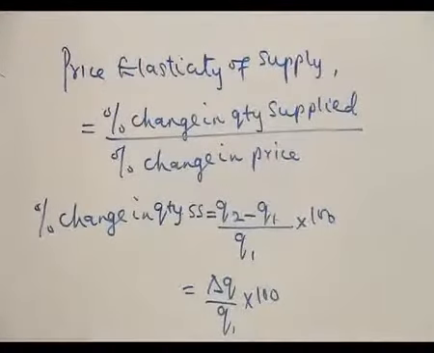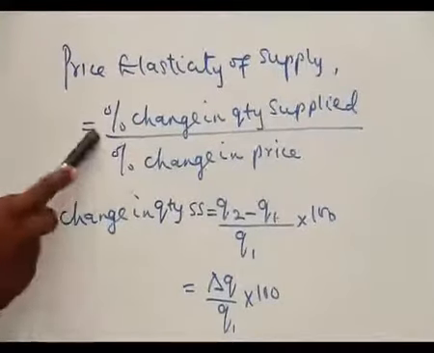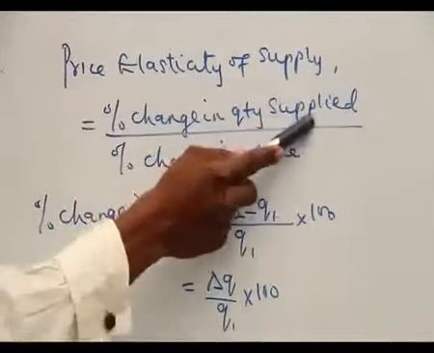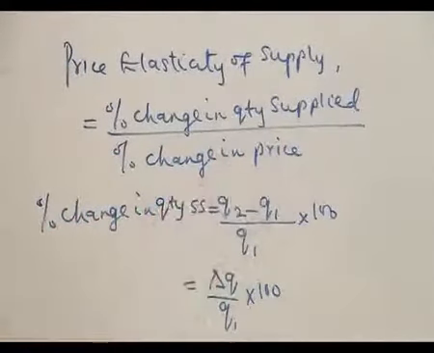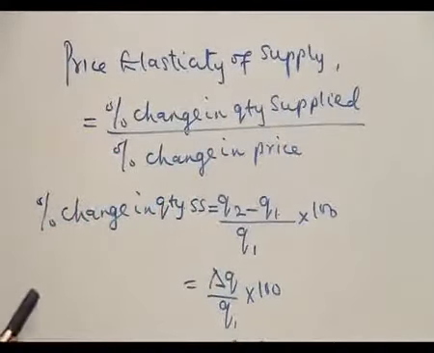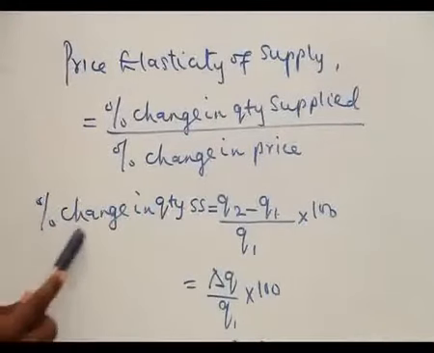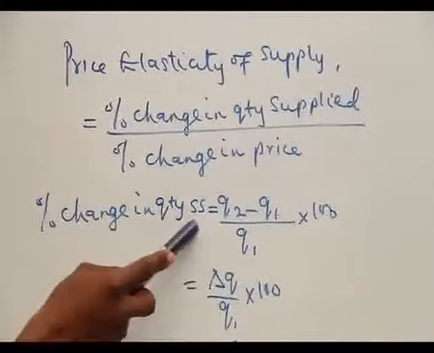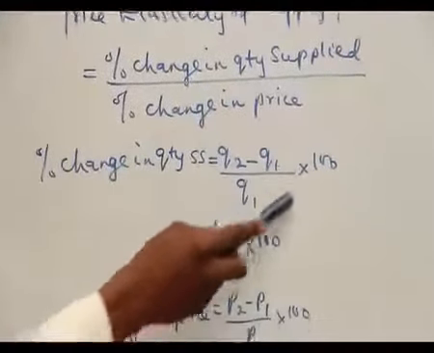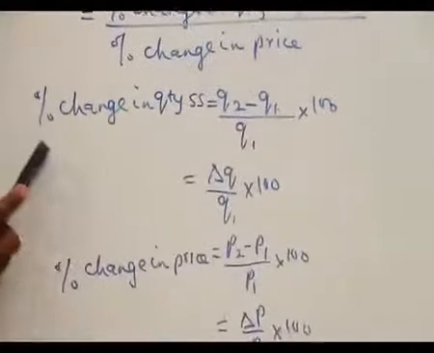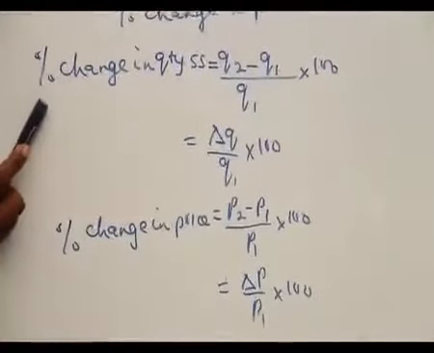Price elasticity of supply equals percentage change in quantity supplied divided by percentage change in price. Let's define percentage change in quantity supplied. Percentage change in quantity supplied equals Q2 minus Q1 divided by Q1 times 100. So we are trying to find out percentage change here.